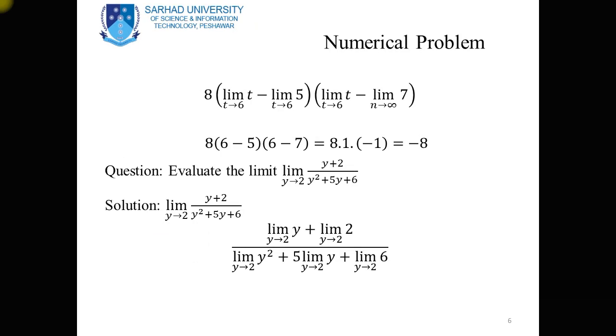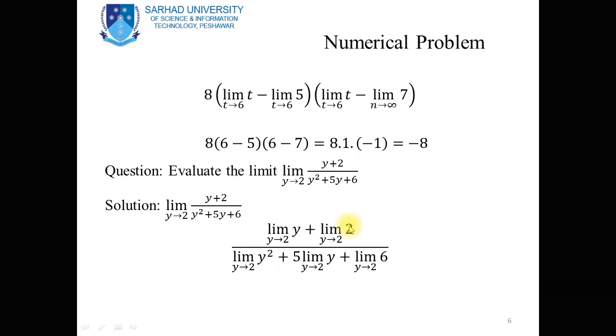Like you see over here, these two functions are in the quotient form. Y plus 2 divided by y square plus 5y plus 6. So using the law, applying the limit for the y plus 2 and applying the limit for the denominator y square plus 5y plus 6. So you see over here, limit y tends to 2 of y plus limit y tends to 2.